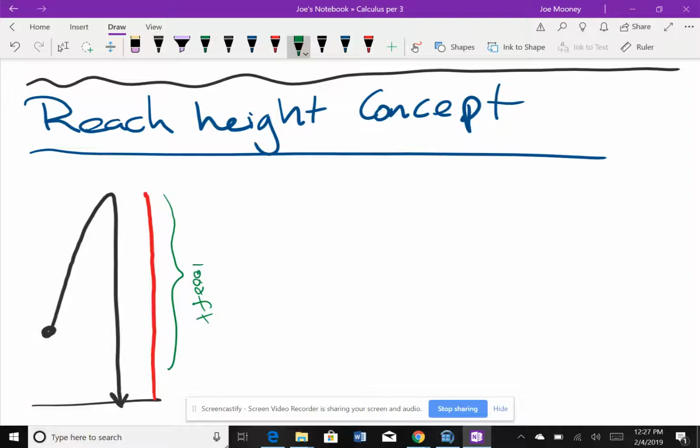This right here, not to scale, we'll call about 6 feet. It's like some person's throwing it, right?